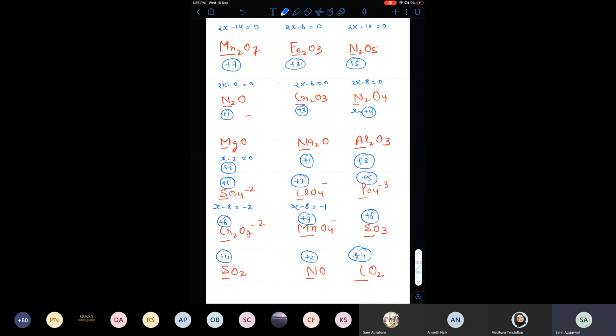It will never be greater than +8, that too only for 2 or 3 elements which I'll tell you in the 8th chapter. अभी आप ये मान के चलो, oxidation state can never be greater than valence electrons. Oxidation state of an element can never be greater than its valence electrons.